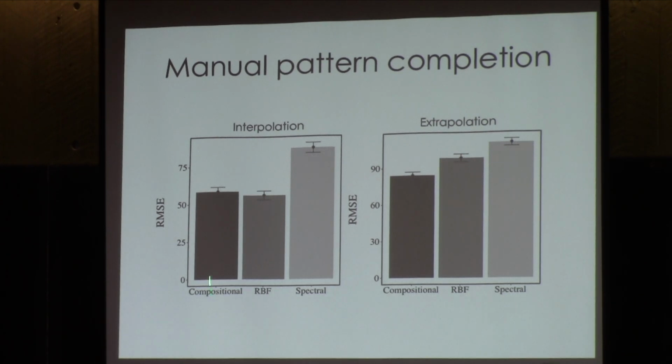Oh, and by the way, lower here is now better. So lower here means that a particular kernel matches people's drawing behavior better. So although for interpolation, for some reason, compositional didn't really do better than RBF, you do see this advantage for the extrapolation judgments. And in both cases, the compositional kernel does better than the spectral mixture kernel.